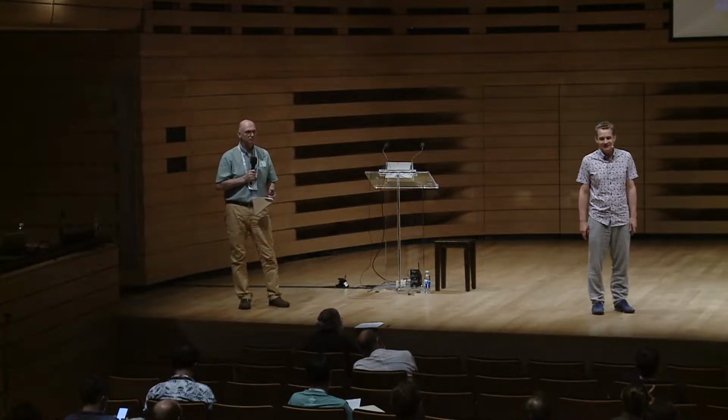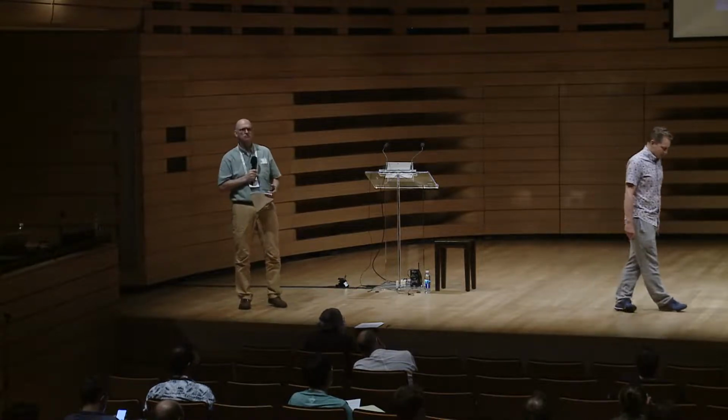Actually, in your cartoon picture of the EDM, why is the EDM aligned with the spin? Yeah, I actually think of that as a consequence of the Wigner-Eckart theorem. I can maybe think of a classical picture first of all.